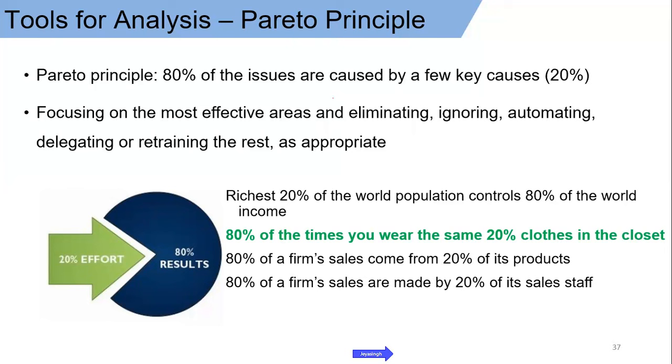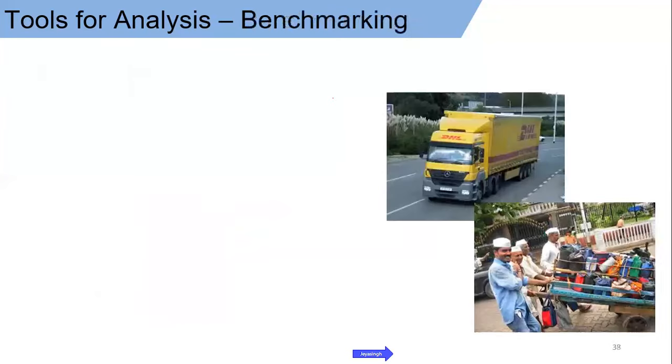Now, don't take the 80-20 seriously. It could be 70-30, but the whole idea is that sometimes there are very few key reasons why issues are occurring, and that's what the Pareto principle is about.